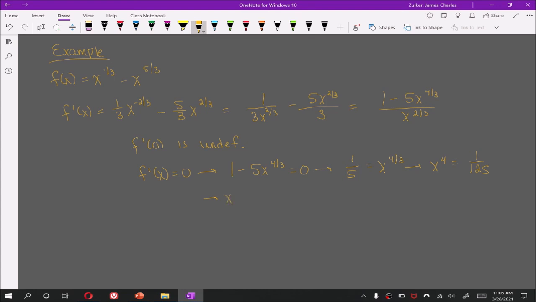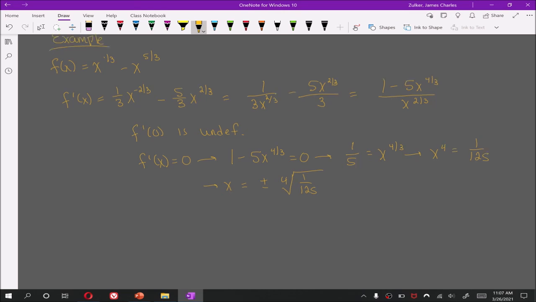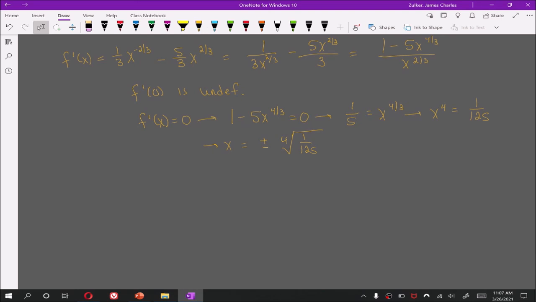So x is plus or minus the 4th root of 1 over 125.